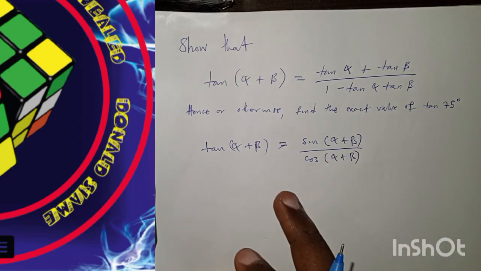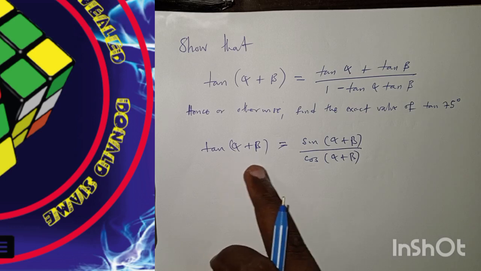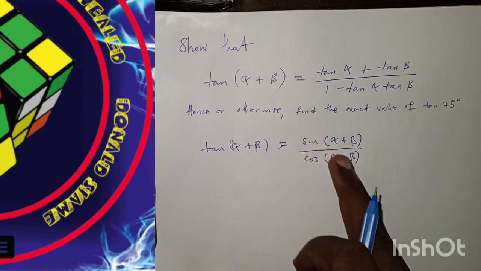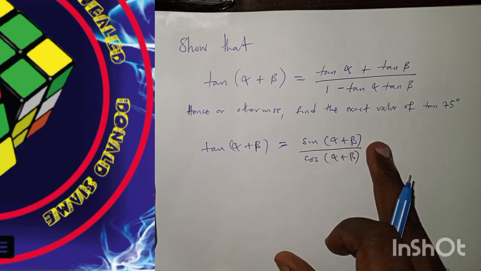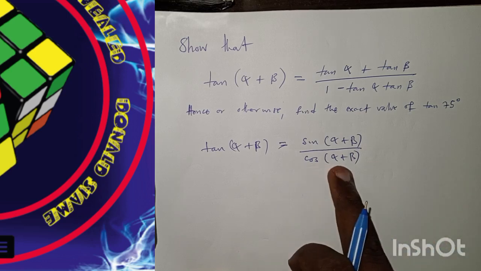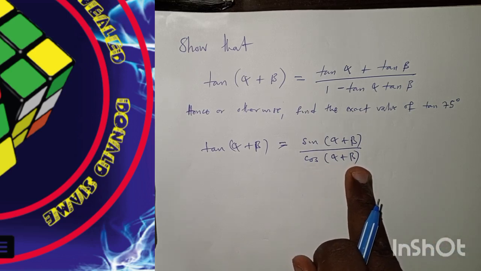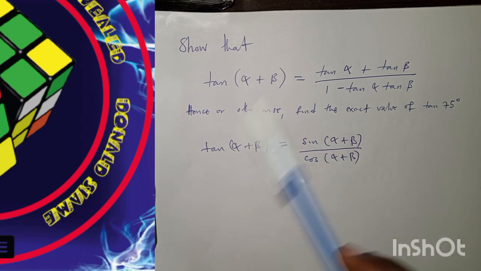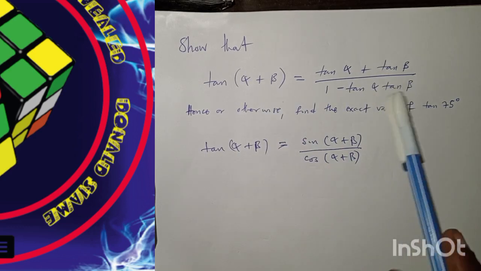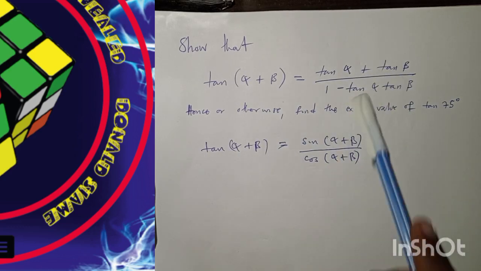So that is the identity for tan of alpha plus beta. But we want to show that this is equal to this, so it's supposed to look like this.